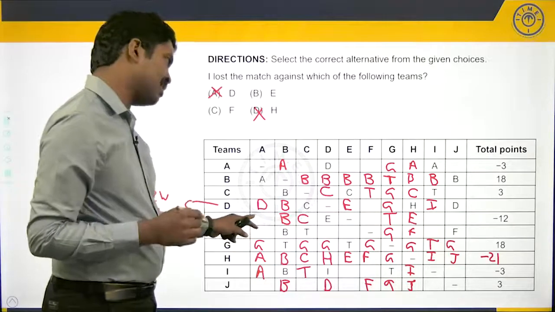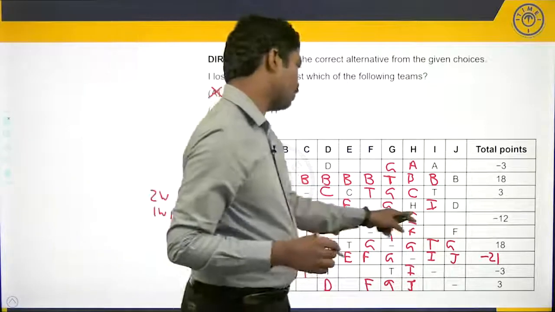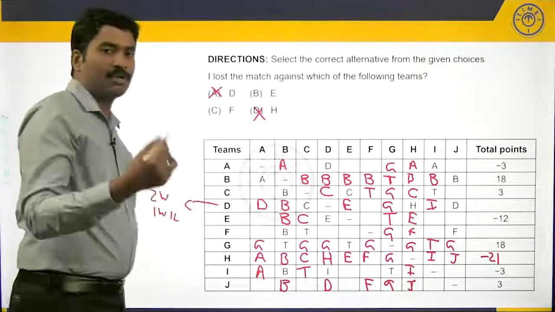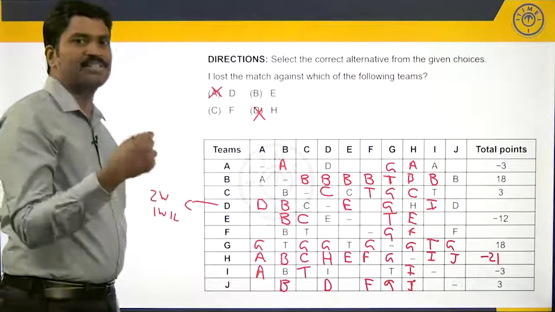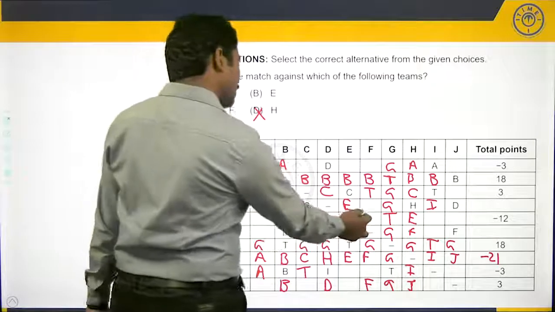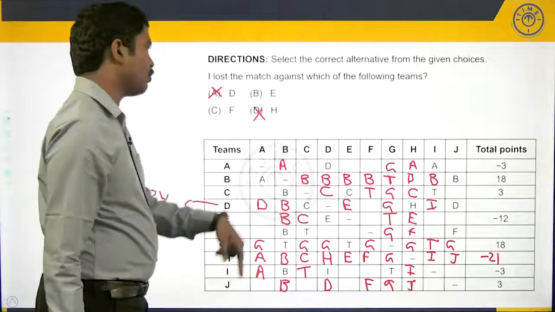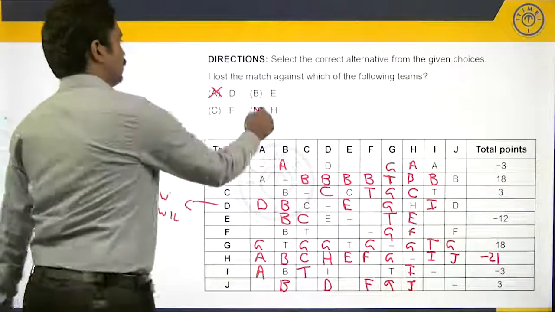So now E is at 0, but he has to go to minus 12. And the fate of 1, 2, 3, 4 matches is unknown. From 0 to go to minus 12, it needs minus 3, minus 3, minus 3, minus 3. So E is losing to A, E is losing to F, E is losing to I, and E is losing to J. E is losing to I. So I lost to E, that's also ruled out.